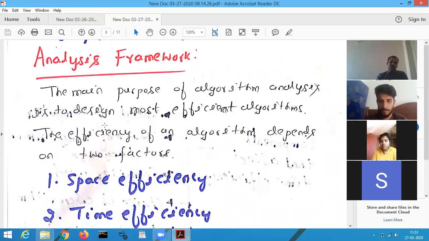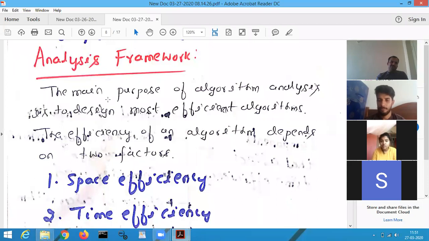Let us take an example: manufacturing of a bike. First, they are going to design the bike. Then, once they design or manufacture the bike, only then they are going to analyze the performance of the bike in terms of mileage and several other parameters.